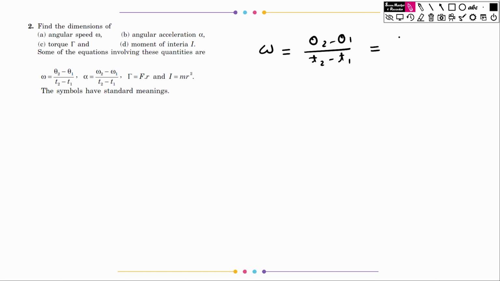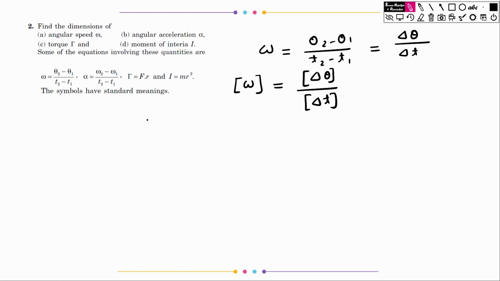Or in other way you can write delta theta divided by delta t. Now we have to find the dimension of omega. Therefore, we'll write within square brackets [omega] will be equal to [delta theta] divided by [delta t]. Now, delta theta is an angle, and angle is dimensionless. So how come it is dimensionless?